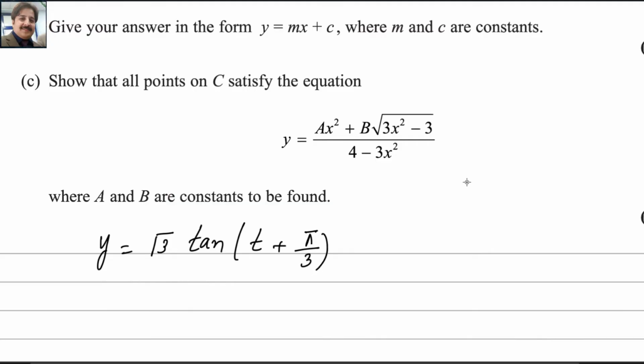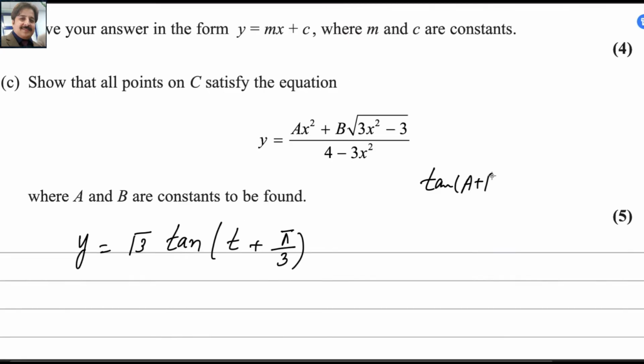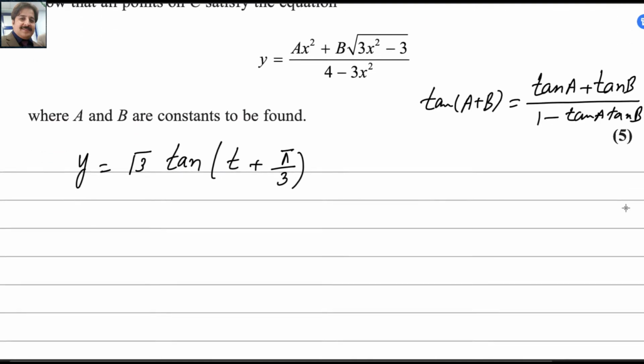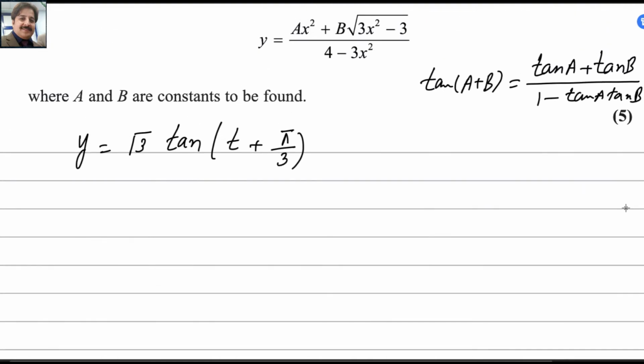I'm using this equation. If you remember the formula for expanding tan(a plus b), that is equal to tan a plus tan b divided by 1 minus tan a tan b, we can expand this tan into this form by using that formula.